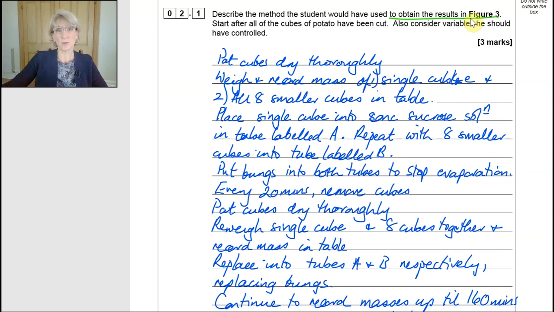There are clues in figure 3. Start after all the cubes have been cut and consider control variables. Pat cubes dry thoroughly, I thought. Weigh and record mass of the single cube and all the smaller cubes. Place them into the sucrose. Put bungs in to stop evaporation.